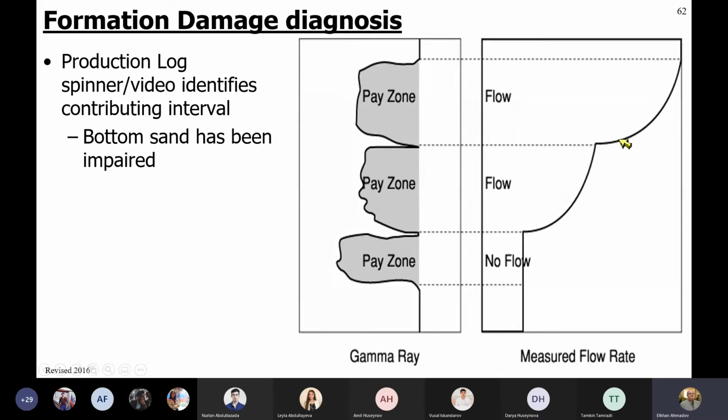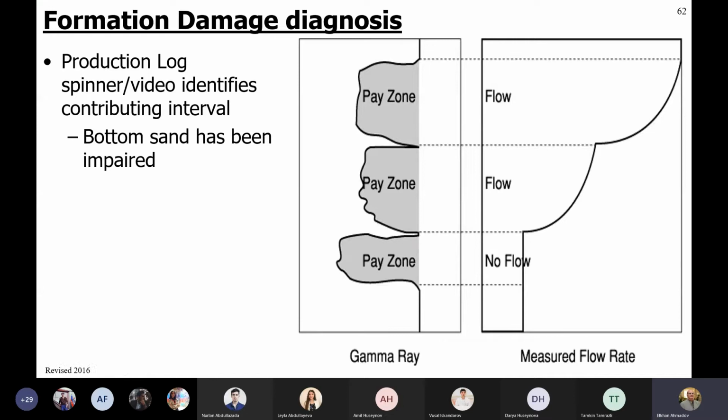But we identified this zone and perforated it, yet there is no flow from it, so this is impaired. This zone is not producing for some reason. Is it formation damage, or it might be that the perforation didn't work? So that is how the PLT, or production logging test, works.